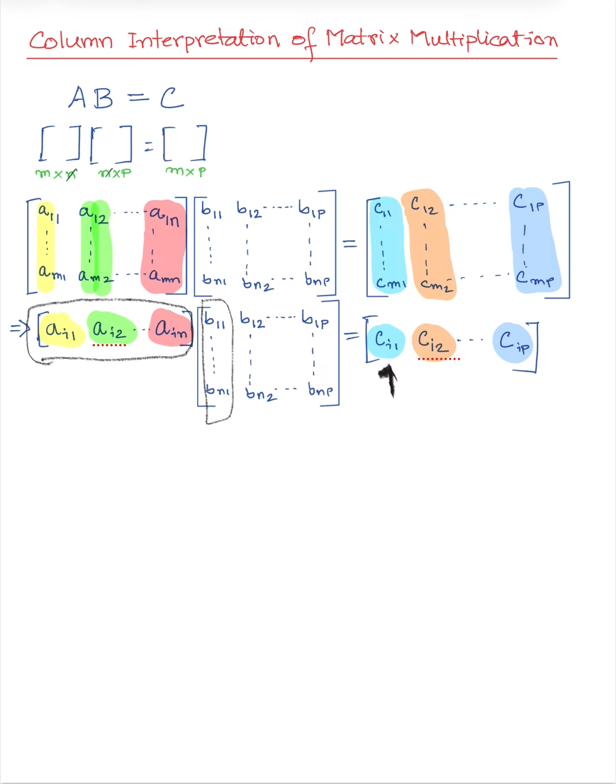So we can write CI1 equal to AI1 B11 plus AI2 B21 plus AIN BN1.